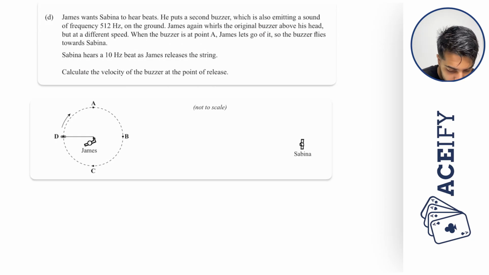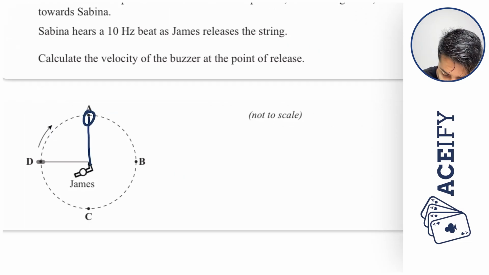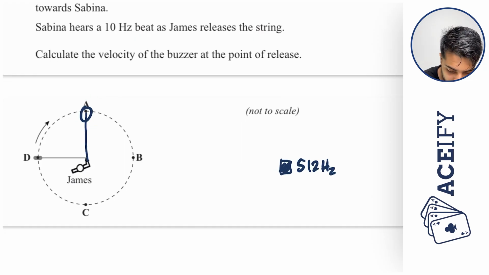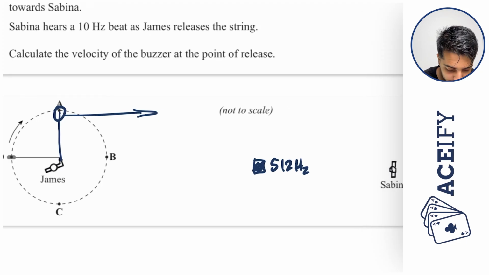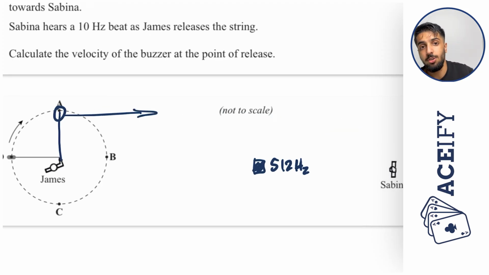So if we bring our situation back, the buzzer is released at point A, and we also have a second buzzer right here. That's our second buzzer, which is producing a frequency of 512 Hz. This buzzer over here is being released, and so therefore it's going to fly directly towards Sabina, and the beat frequency is 10 Hz.